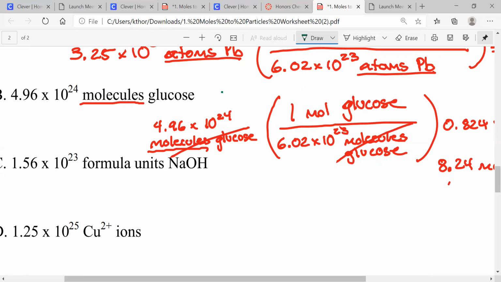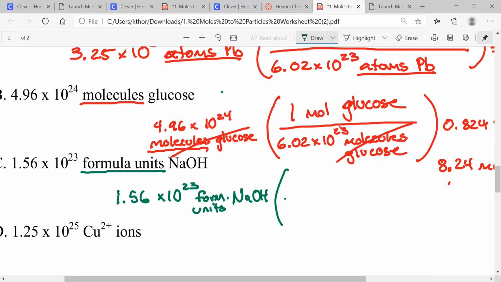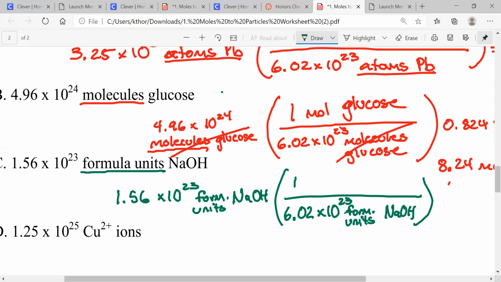All right, next one, 1.56 times 10 to the 23rd formula units of sodium hydroxide. So we have 1.56 times 10 to the 23rd formula units of sodium hydroxide, and 6.02 times 10 to the 23rd formula units of sodium hydroxide under 1 mole of sodium hydroxide.